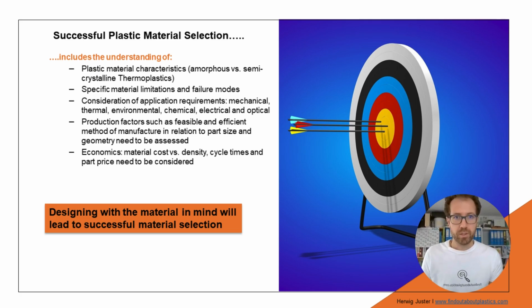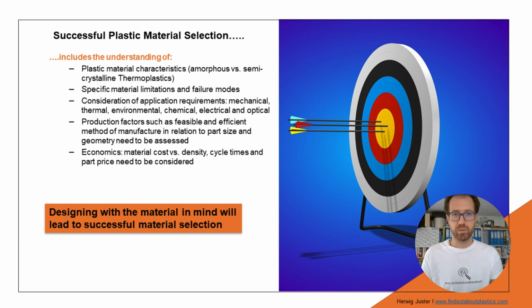And also the production factors we need to think of, when you think back to the pentagram. Which processing method do I choose to manufacture the plastic part in an economic way? I mentioned economics already, so also keep in mind material costs versus density, for example, so thinking in volumes and not in kilograms to fill the parts, cycle times, and the overall part prices.